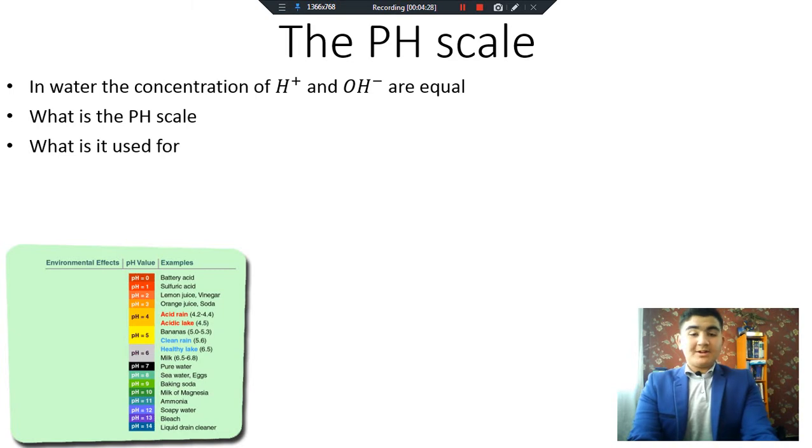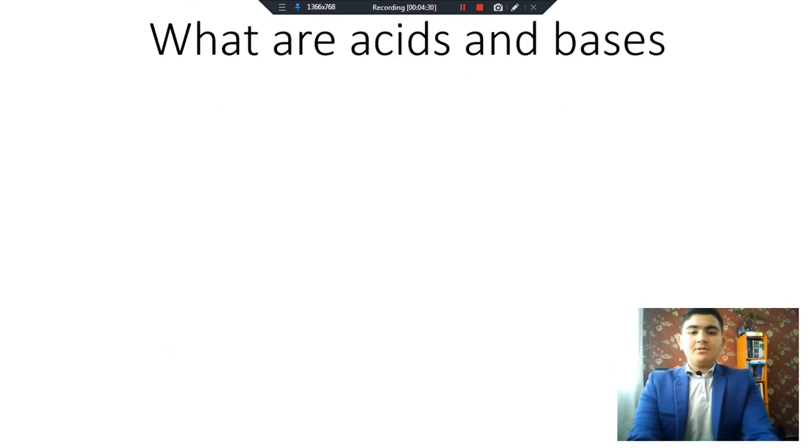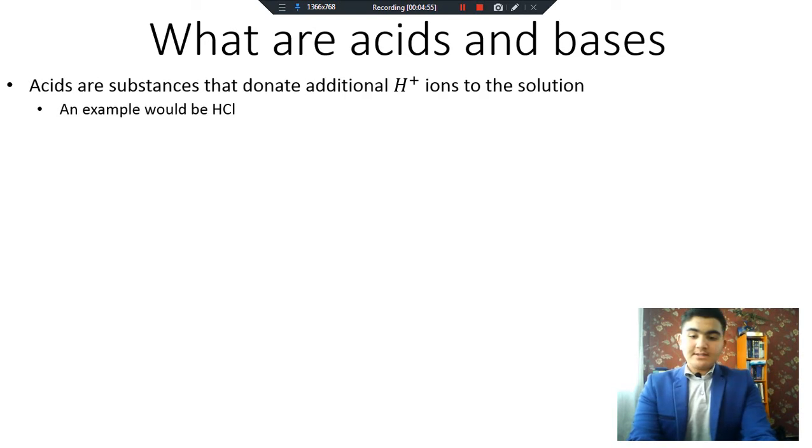So buckle up. When acids are dissolved in water, they donate additional H plus ions to the solution. So when we want to describe an acid, we say that it is a substance that increases the H plus ion concentration in a solution.